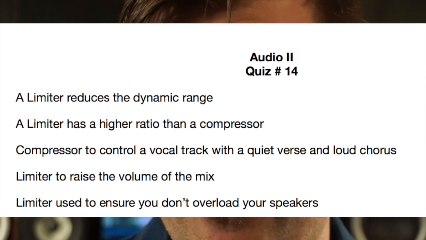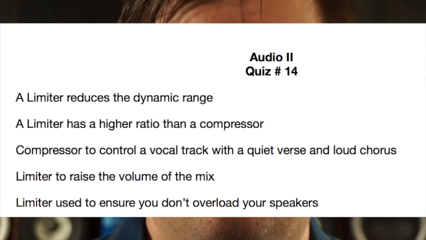and then I threw a couple examples of things that you might use. Do you want to use the compressor? Do you want to use a limiter? So if it is something like a vocal and it's got a loud chorus and a quiet verse and you want to keep it on the same track but process it, that's where you use a compressor, right?